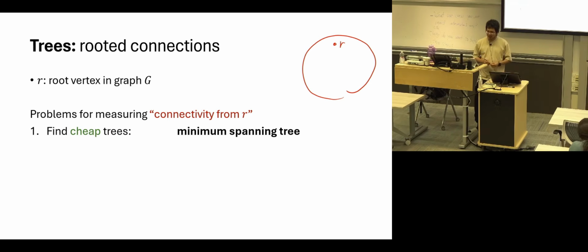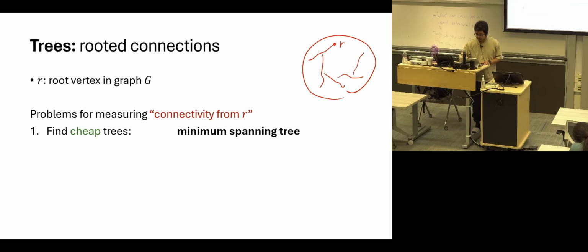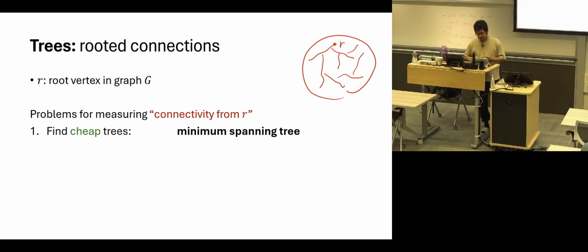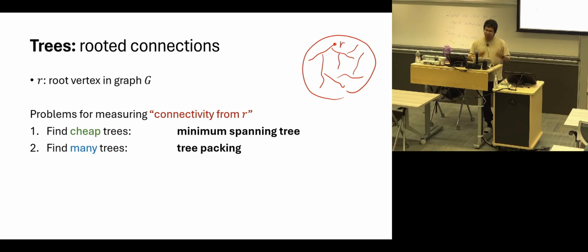One way to ask this is to find cheap trees, the tree that connects R to the rest in the cheapest way. That's the minimum spanning tree problem. If you want to find many disjoint trees that have R, that is a tree packing problem.